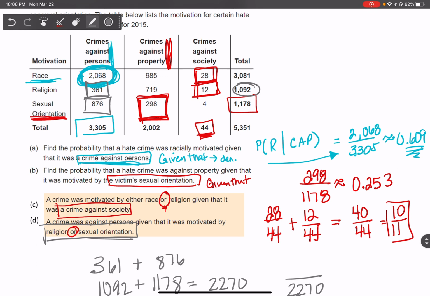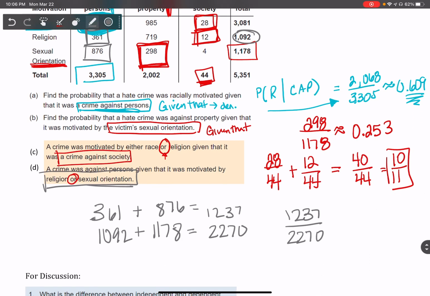So I'm going to add those up. 7, 3, 1, 8, 11, 12. 1,237. So I'm going to put that here on top. Then I can divide those out. Oh, I'll put a double equal sign. Put that in my calculator. I get approximately 0.545.